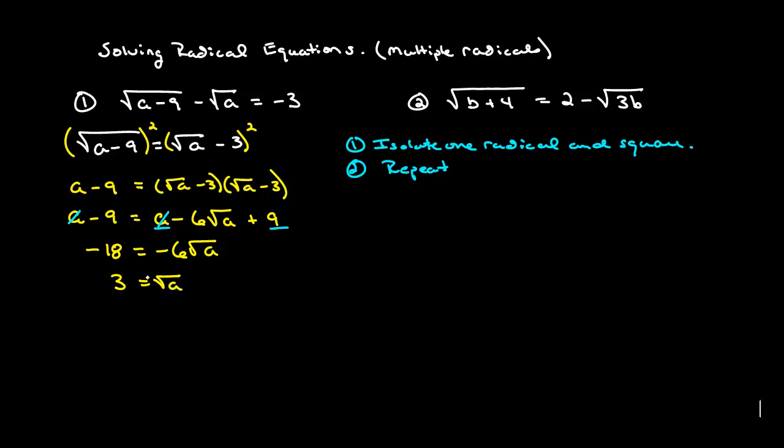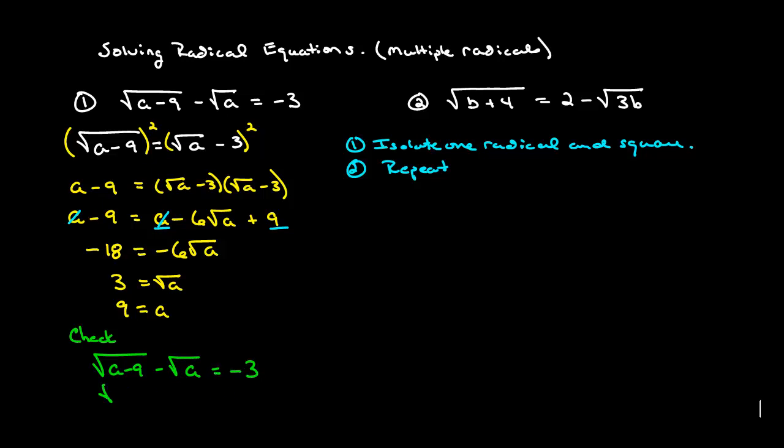And so if I square both sides again, which is the repeating process here, I get 9 is equal to a. But since I did a whole bunch of squaring here, I should check to see if that's actually a solution. So we go back to the original, which is the square root of a minus 9 minus the square root of a is equal to negative 3.